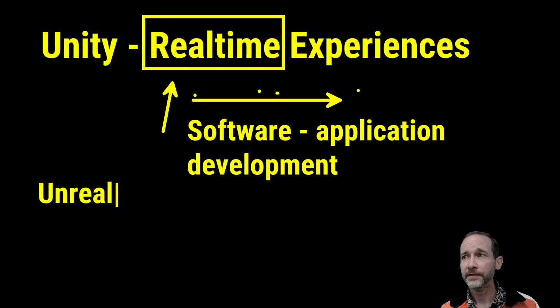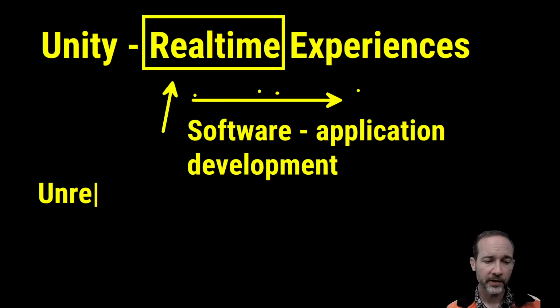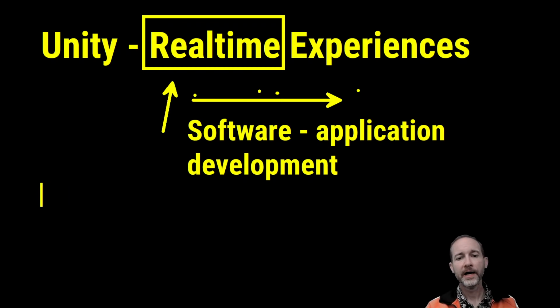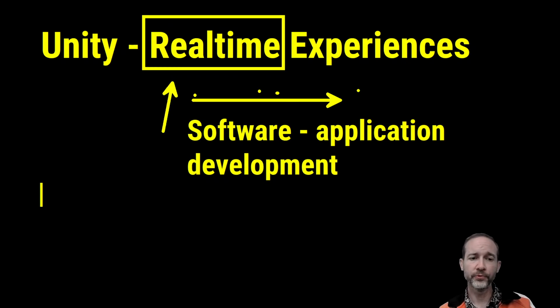Unreal Engine, there's a lot. Just downloading and getting it going on your machine is a higher bar for your machine to clear, whereas Unity is a little more forgiving there. So we'll see how it goes. The focus on Unity here is just the freedom it allows for student game devs to come up with things.